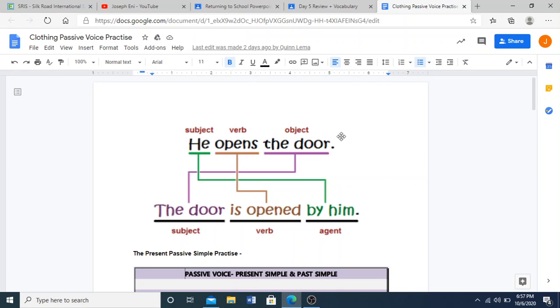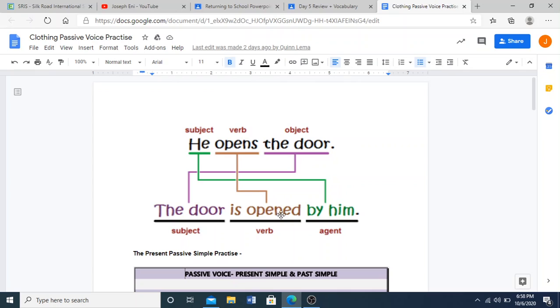So to start with today, we are just going to look at the present simple passive voice. So as you remember, this is a sentence. He opens the door. He is the subject of this sentence. Opens is the verb, and the door is the object.